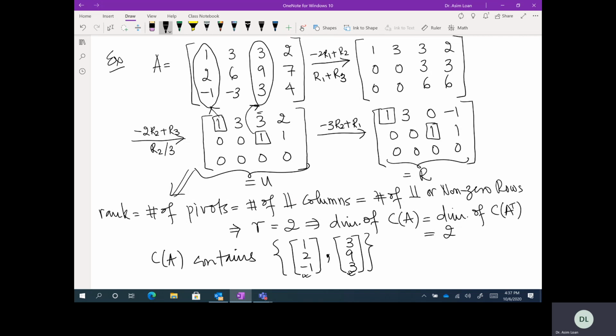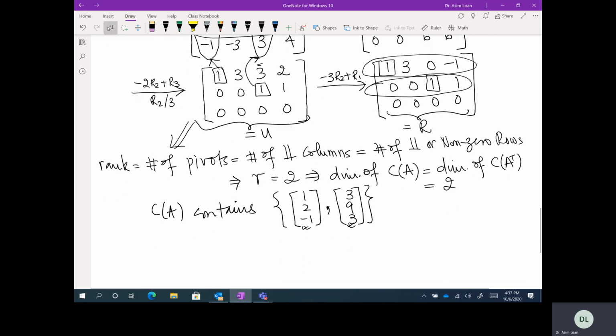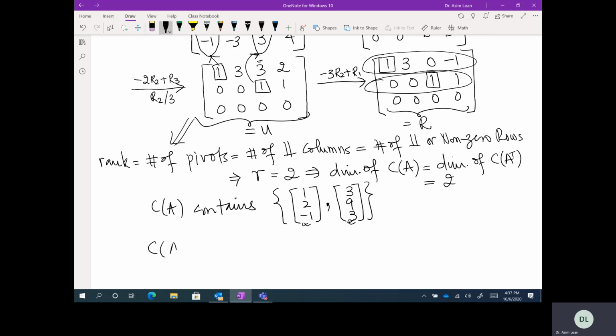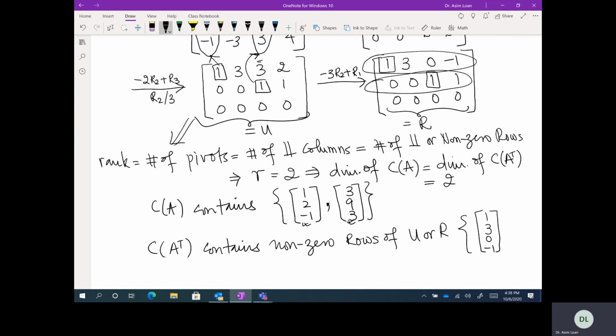So row space, since elementary row operations do not change the linear combination, or elementary row operations are actually linear combinations. So either I can pick this row and this row, or I can pick this row and this row. Both will give me the same answer. So let me pick the rows of R. So the column space of A transpose contains the non-zero rows of U or R, and these are 1, 3, 0, minus 1, and 0, 0, 1, 1.